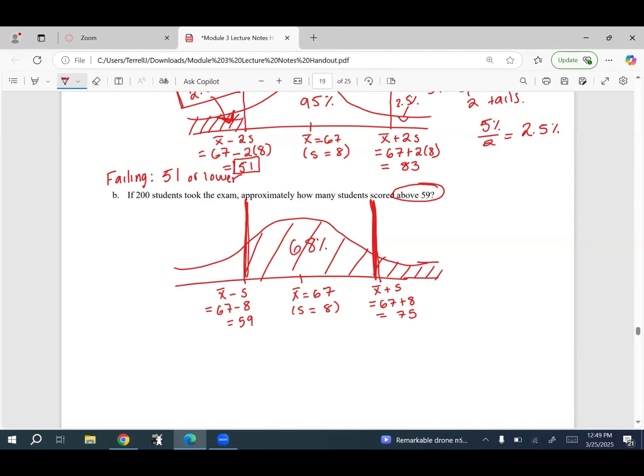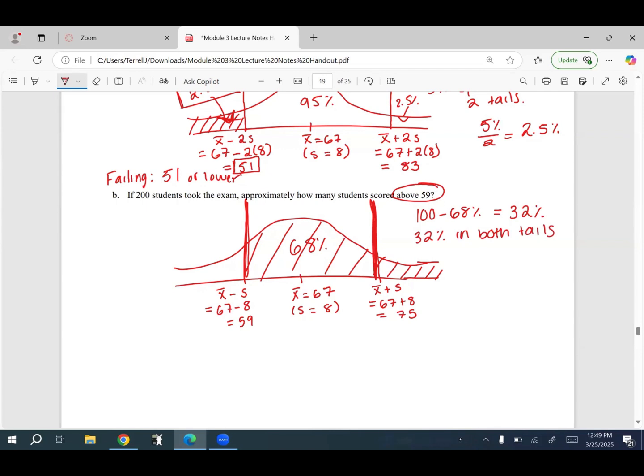Remember the pieces in these 2 tails plus this middle piece have to add up to 100. So if I do 100 minus 68%, that's 32%. 32% in both tails.